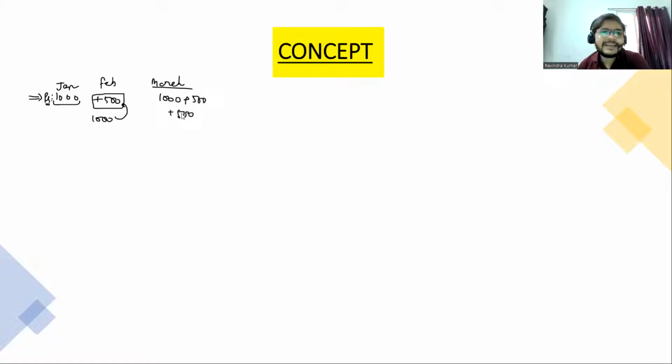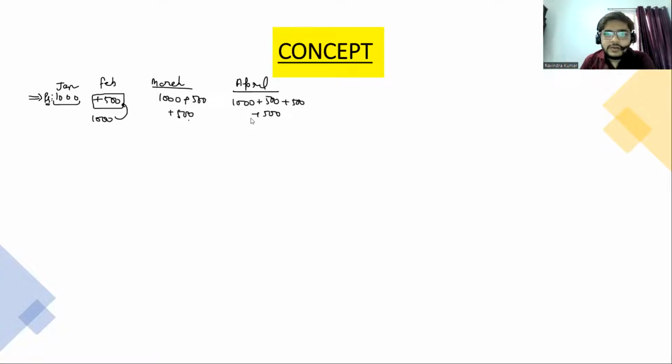Now come to April. So in April, there is one more 500 extra from the month of March. So it will be something like this.